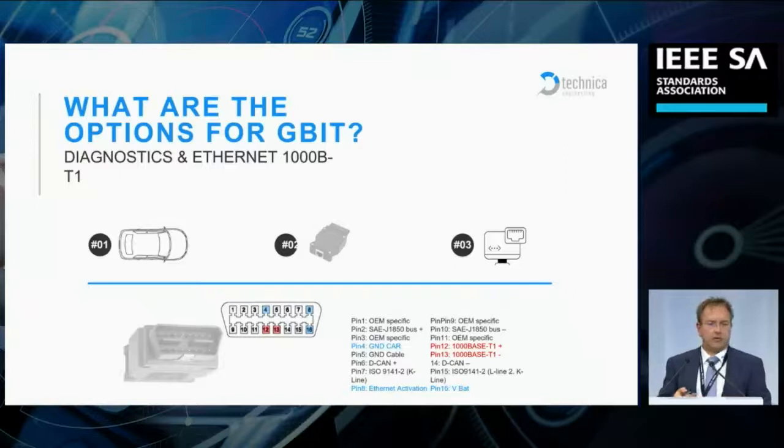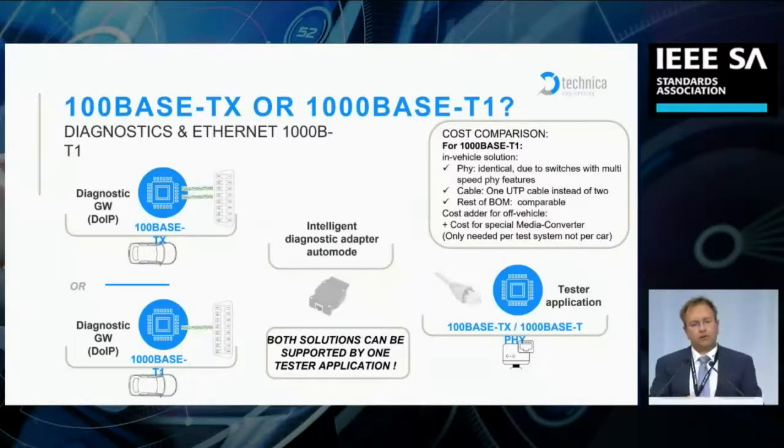This looks very easy. When we look at what this means for the situation today, for car fleets or for the solution that we are looking for, you see that you have either the 100BASE-TX solution already shipped today in millions of cars, or you go to a 1000BASE-T1 solution, and in the middle you need an intelligent adapter or a diagnostic adapter that deals with this information and transports the communication thanks to the features of a media converter.